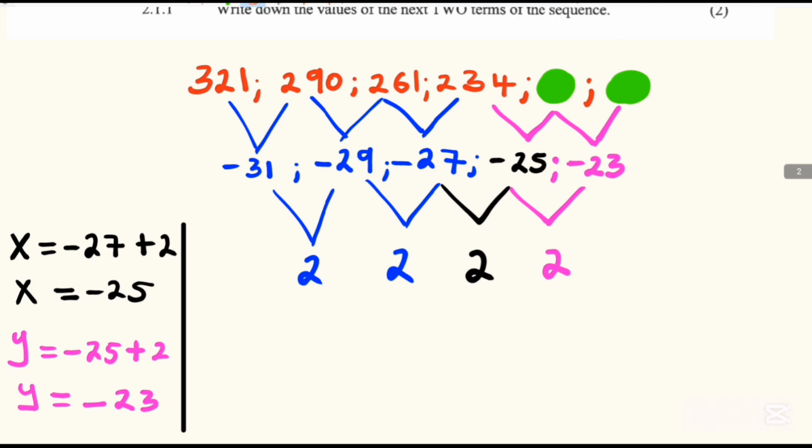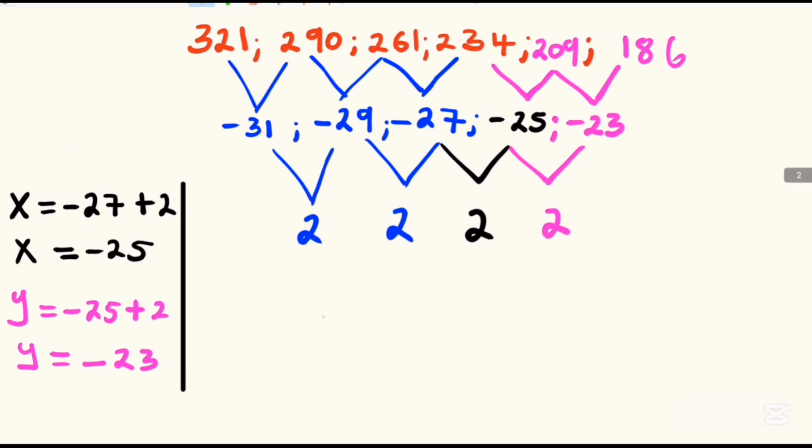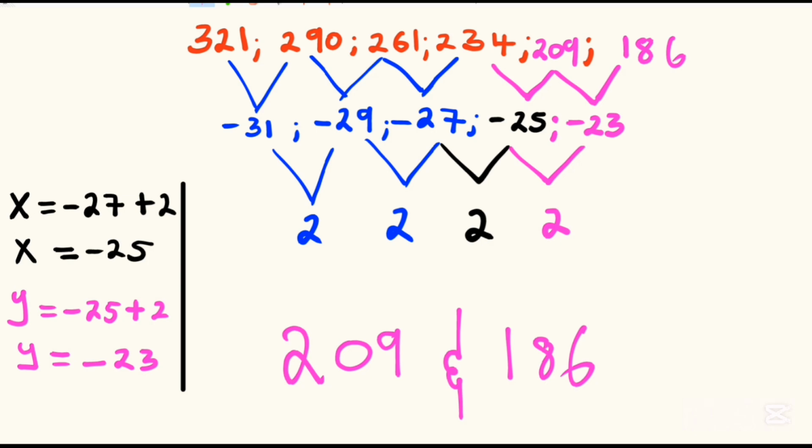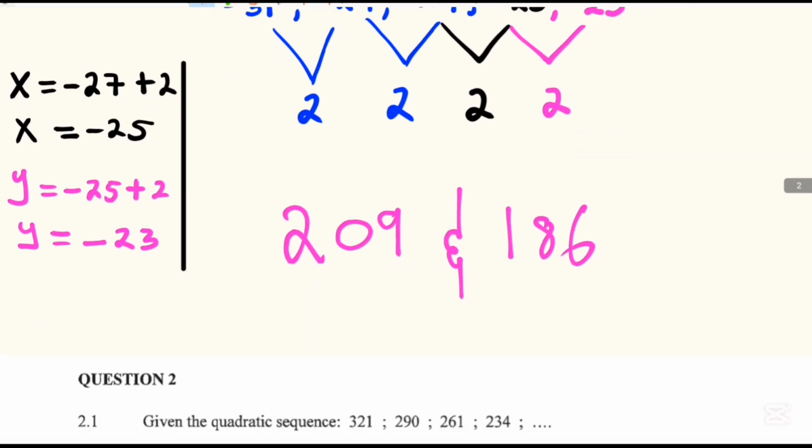So 234 plus negative 25 is equal to 209, and we expect that 209 plus negative 23 will give us term number 6. So 209 plus the negative 23 is equal to 186. So we have 209 and 186 as our next two terms.